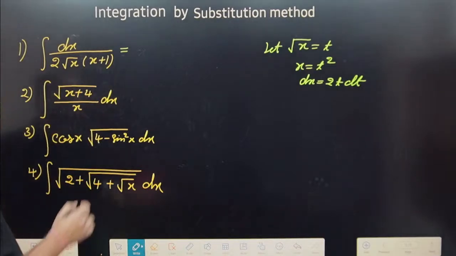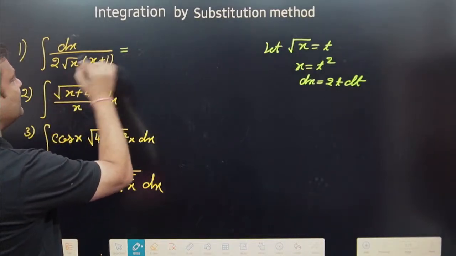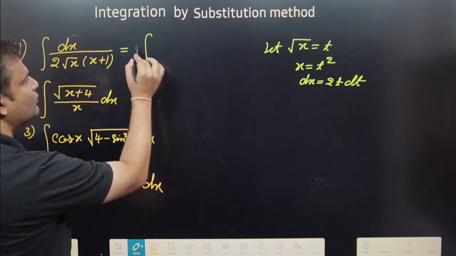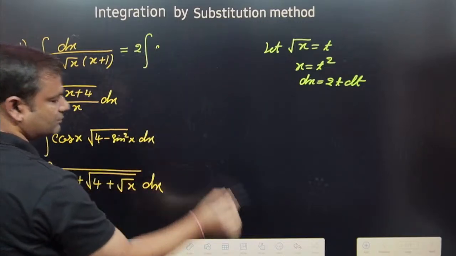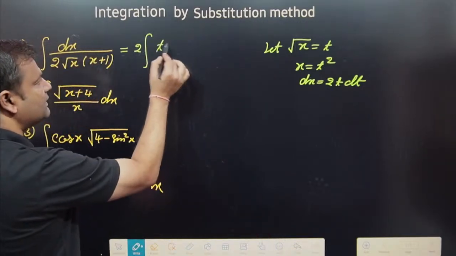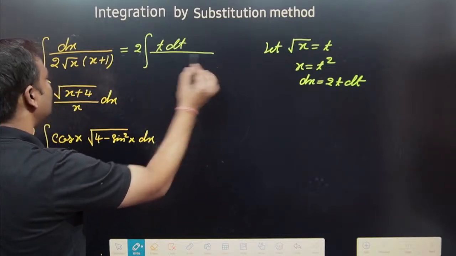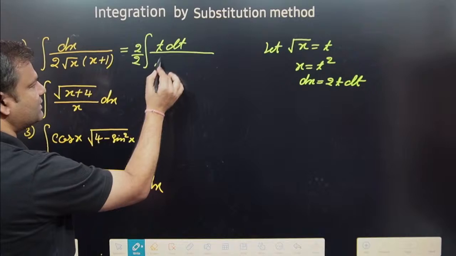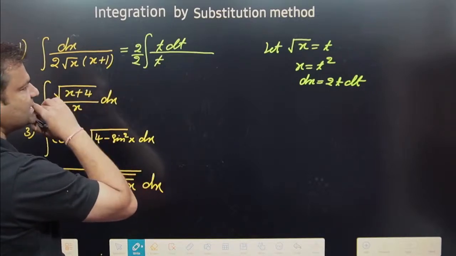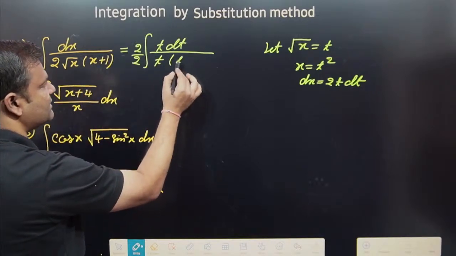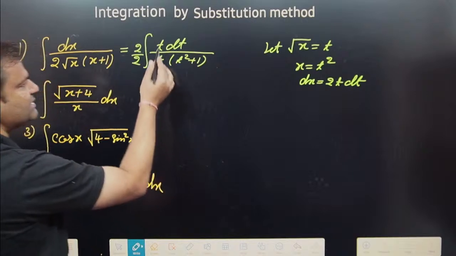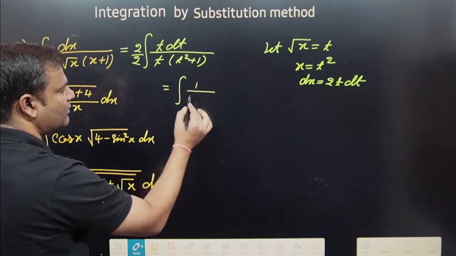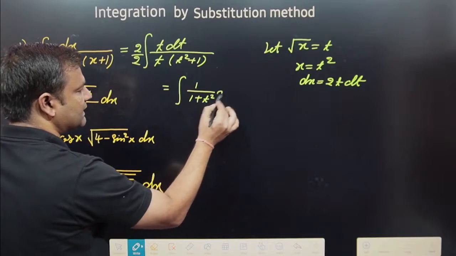Now put that value here. 2t dt divided by how much? Here 2 root x is basically 2t, and x is basically t square, so this is t square plus 1. The t cancels. Then the integral is very simple, 1 upon 1 plus t square dt.